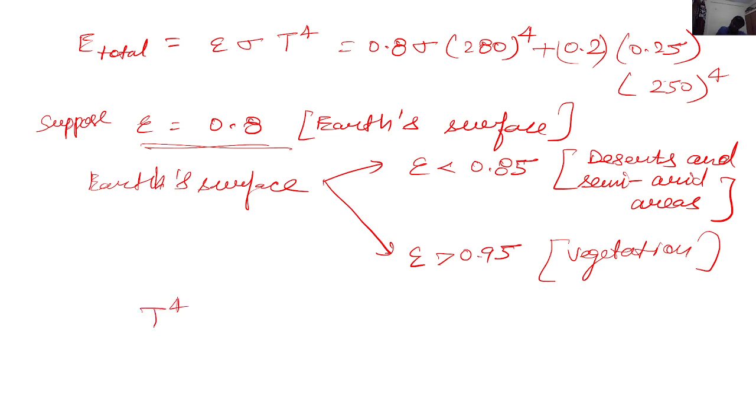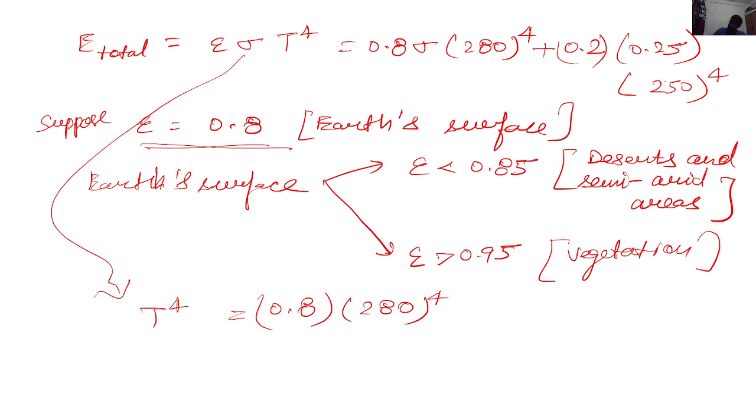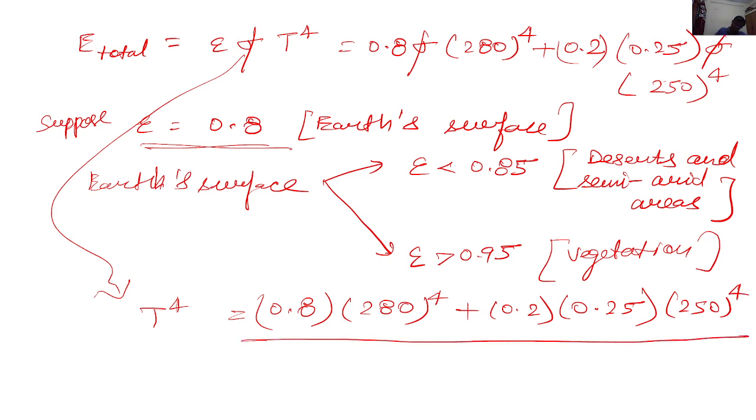So T to the power 4, when you put the values in this equation, would be 0.8 times 280 power 4, because the sigmas will get cancelled out already, plus 0.2 times 0.25 times 250 power 4, divided by 0.8.